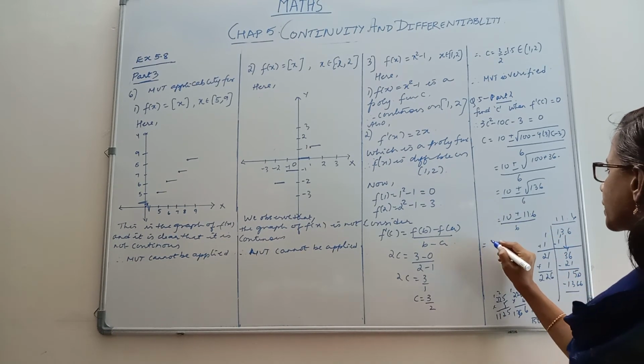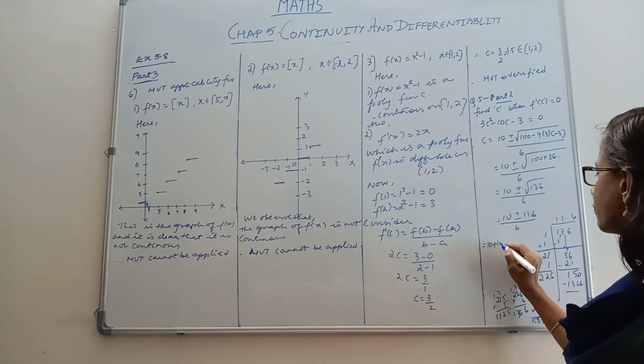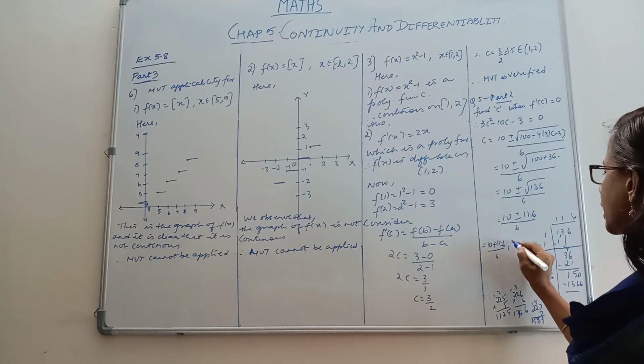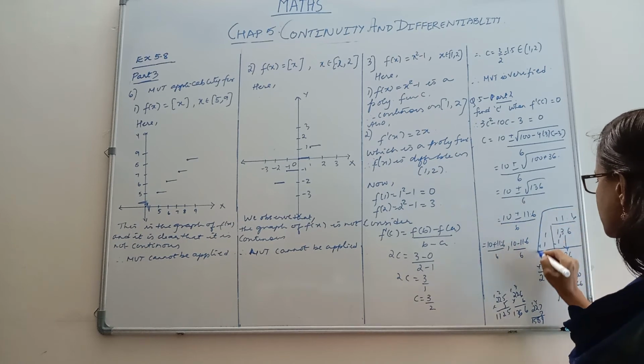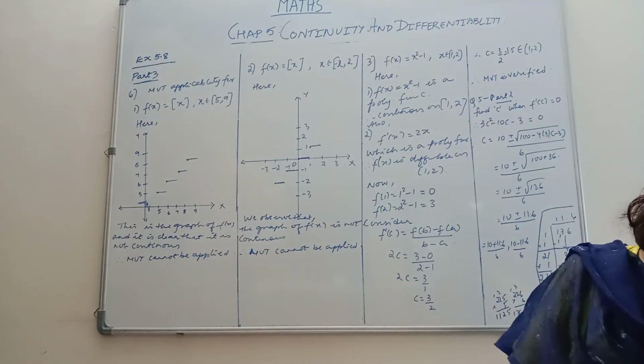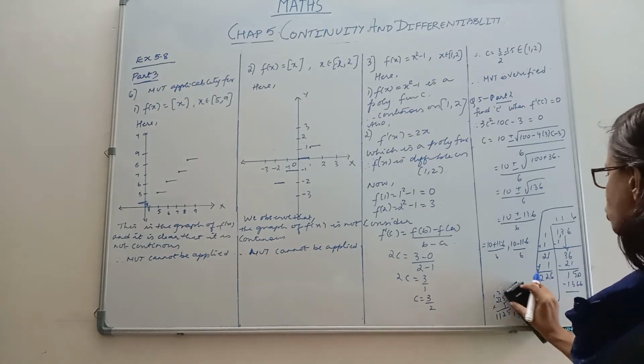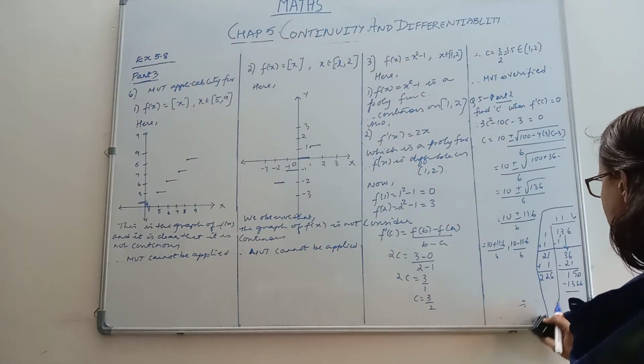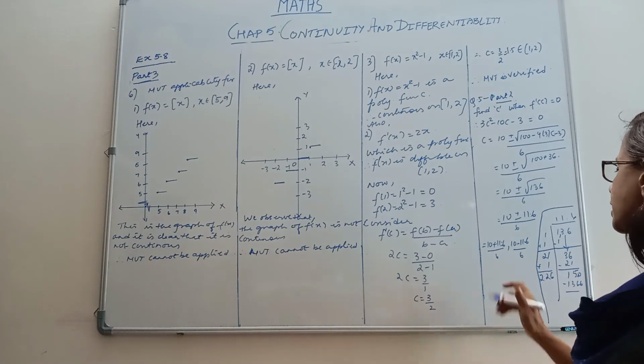So what will come? 10 plus 11.6 by 6, and 10 minus 11.6 by 6. So how much are these coming? Find the C's they are saying. What are the C's?